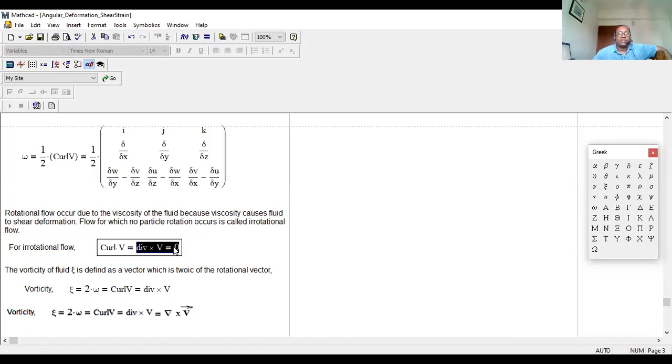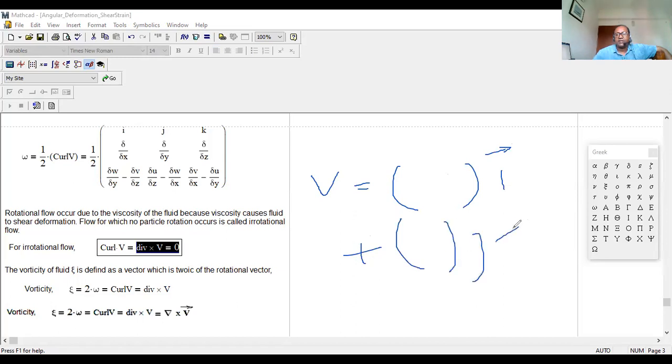So anytime, if I give you an equation, like I'm saying the vector V of the fluid element is some function of x, y, z into i, then some function into j, then some function into vector k. So you can figure out what is the small u, the small v, and the small w.